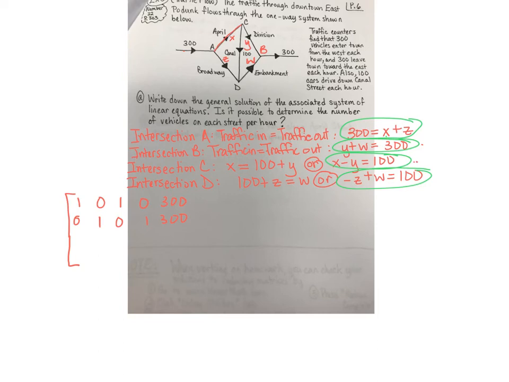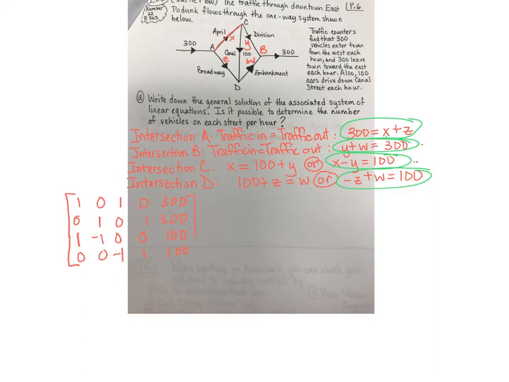And then this one over here, the coefficient of x is 1, coefficient of y is -1. There's no z, there's no w, and then we have 100. And then the next one, there's no x, there's no y, coefficient of z is -1, and then the coefficient of w is 1 and 100.